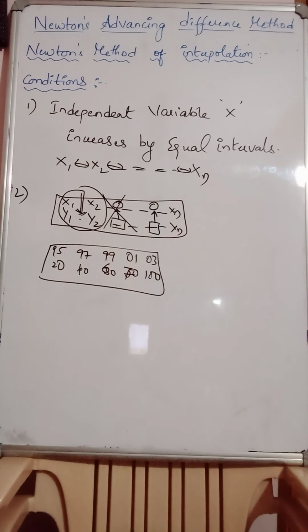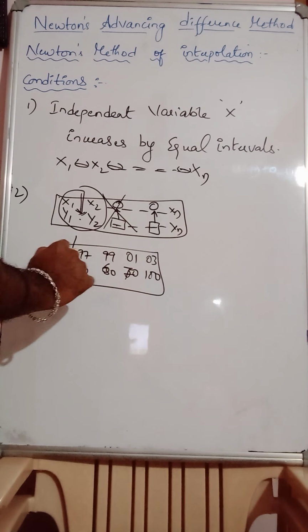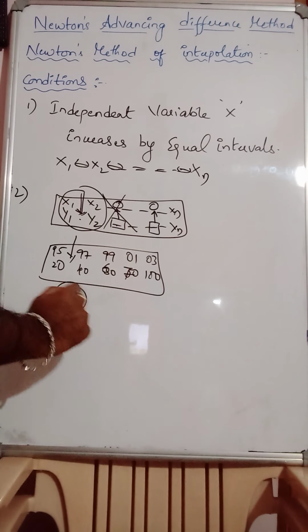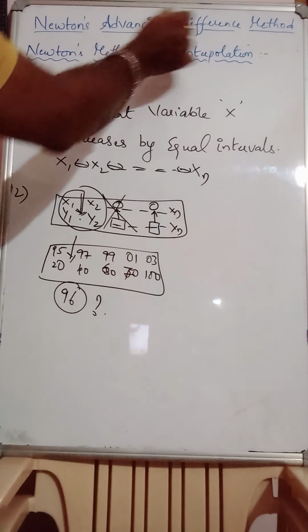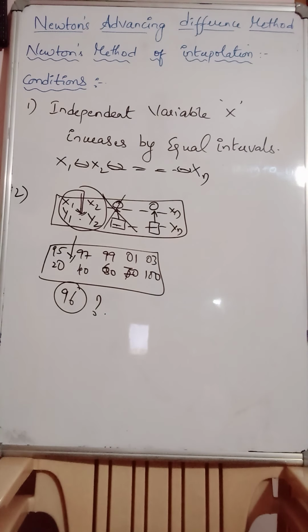All the values will be given, but they will ask you to find out the missing value for the year 96, in between those two, in the beginning of the data. Are you clear? The reason is that the formula takes forward leading differences of the series. So those leading differences I will also show in the table. So that is why we take it from the beginning of the data. Are you clear, guys?